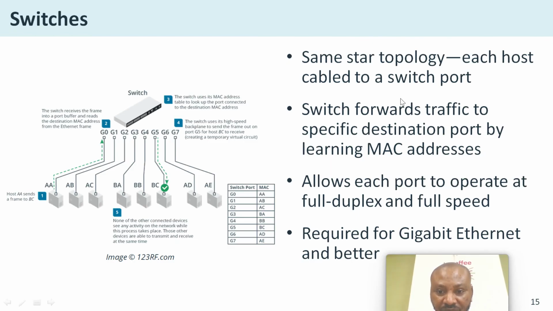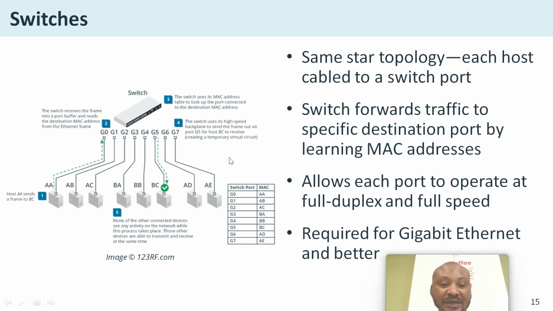Okay, that's fine. So let's see the switch. A switch is very intelligent, so we call switches intelligent devices. They avoid collision in the network. The switch is the reason why most of the time you have a fluent, free network.